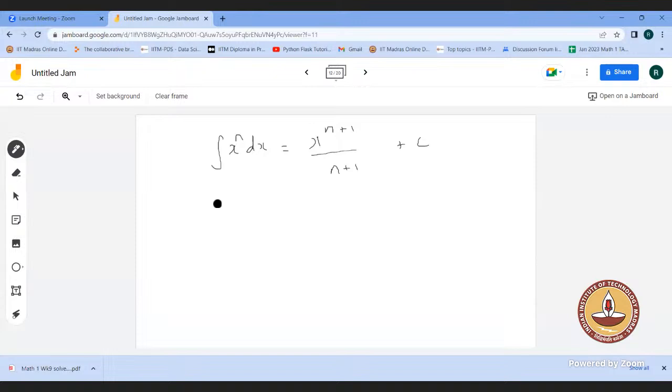And what is the integration of e power x? It is e power x plus c, right? And we know that root x can be written as x power half. I think with these things, you can solve that question. We also know that integration is nothing but the area under the curve. So with this information, try to solve this question.